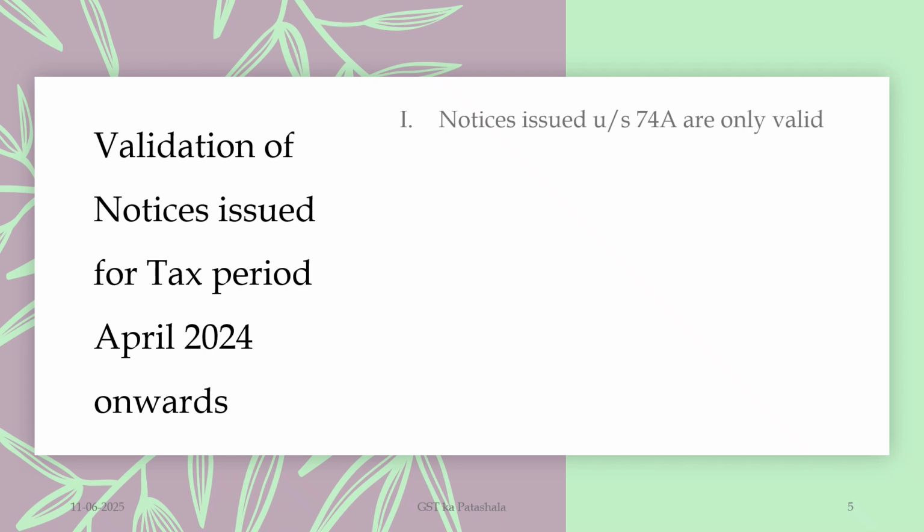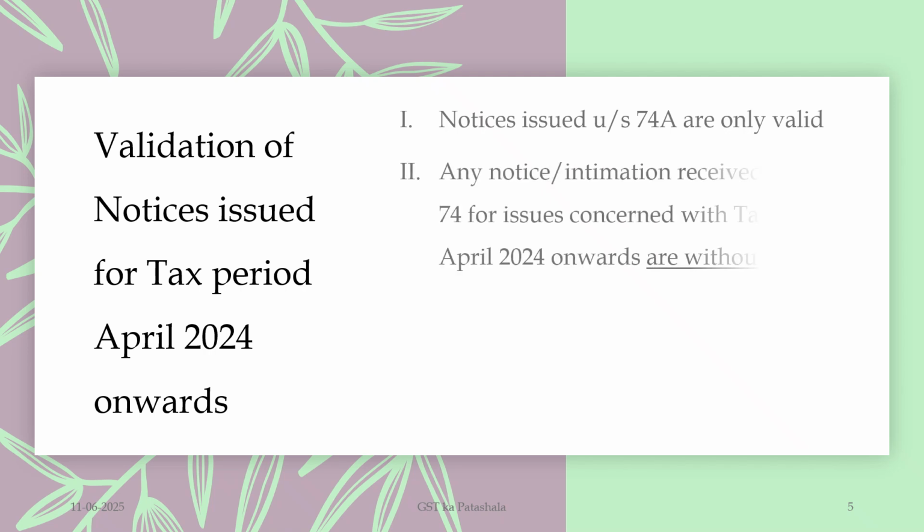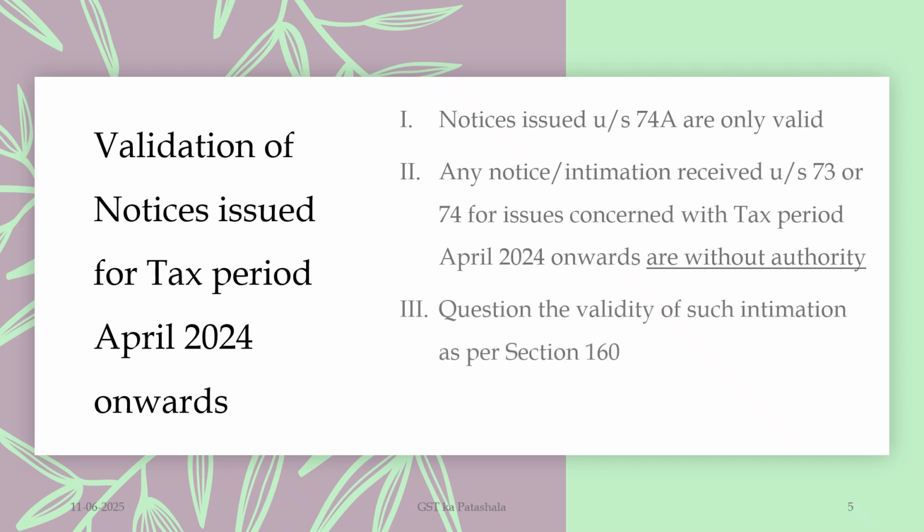By chance, if the proper officer has issued a notice for the period April 24 onwards under the erstwhile 73 or 74, please tell them that this is not a proper notice, not a proper communication, because it does not have authority. Once the provisions under GST law have a sunset clause that they can be issued only till 31st March 2024, the proper officer doesn't have any mechanism to issue a notice under the erstwhile law.